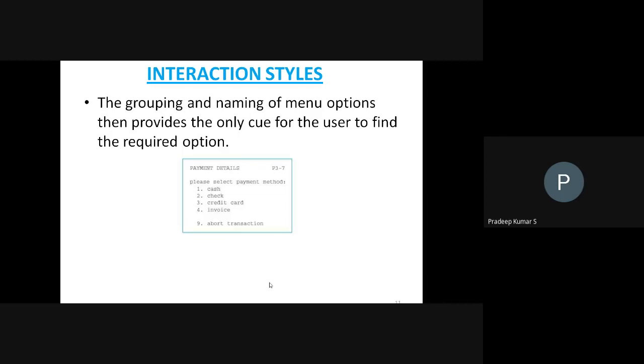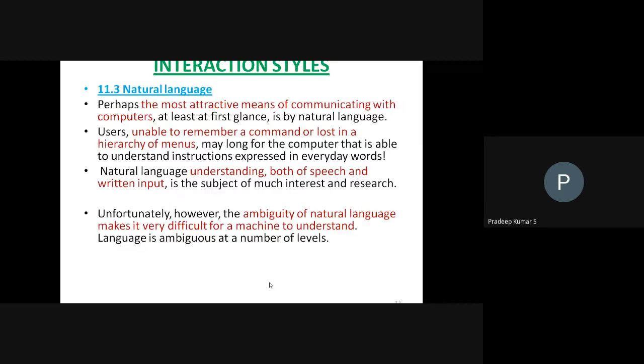Especially also change the PIN number. After typing everything, it asks what type of account, savings or current, like that. So according to this application, the proper menu items are there. Likewise, proper items have to be allocated based on the names correctly. That is the interaction style.